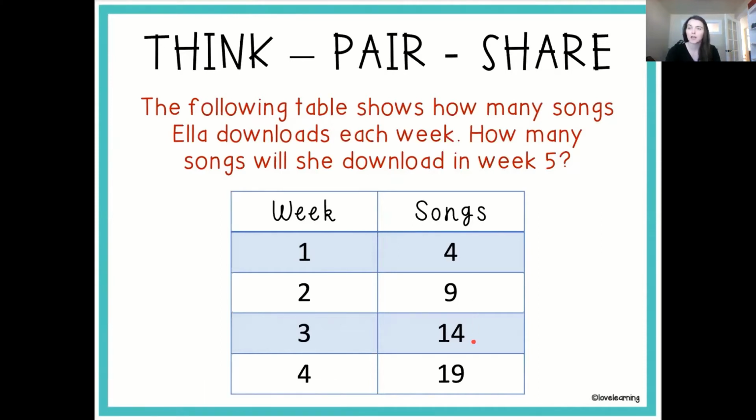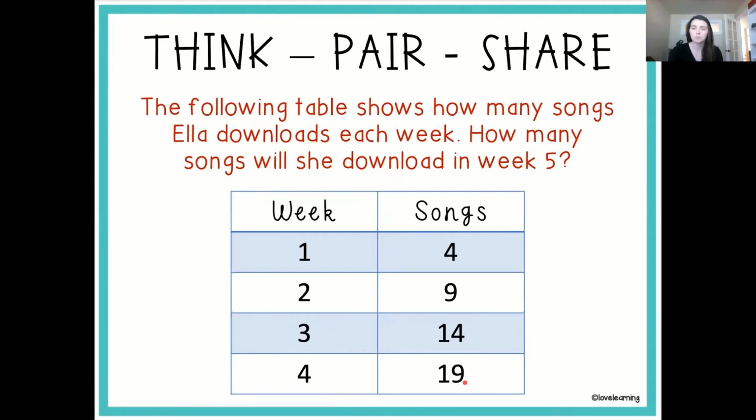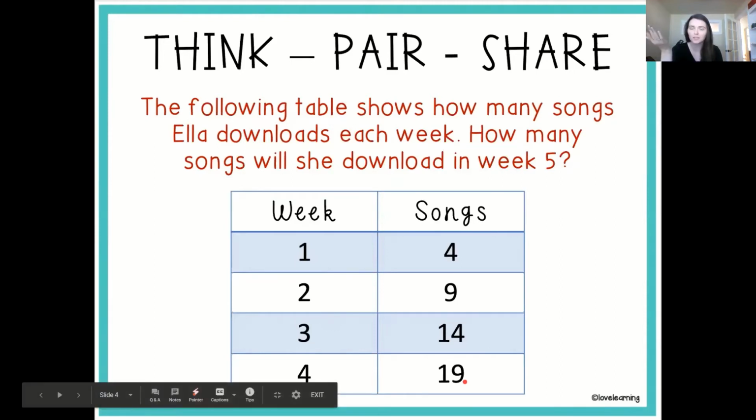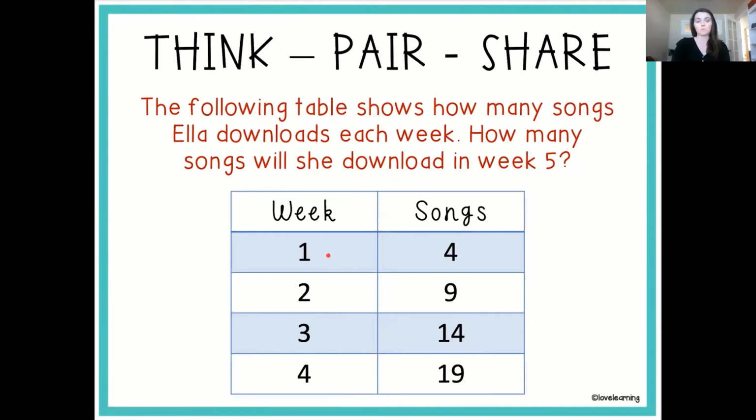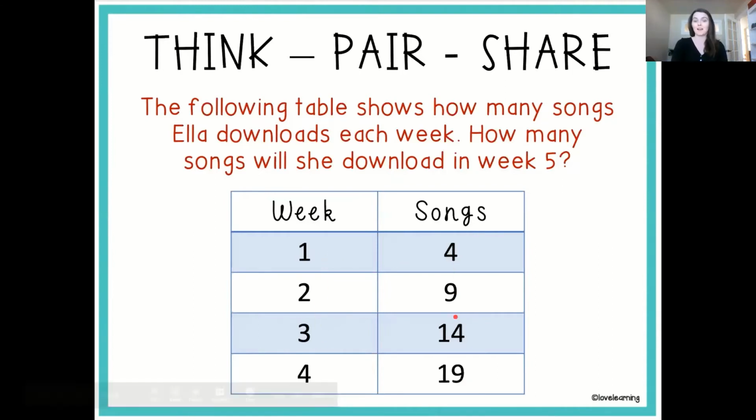Well, now I wonder, is 9 plus 5 14? Yeah, that is. And then 14 to 19, so 14 plus 5, that would be 19. So my rules would be +1 for each week and +5 for the songs for each week.